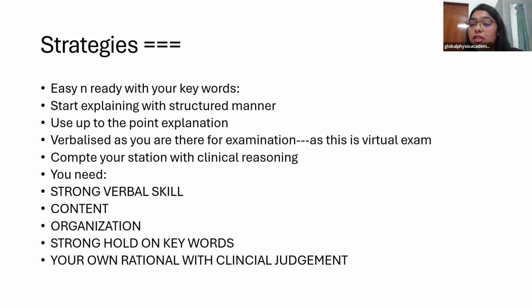Start explaining in a structured manner that I am accepting the patient, and what the reasons are. Before going onwards, I am going with informed consent and explain the components of informed consent. Explain up to the point. It's not like, okay, I'm going to ask this thing, and along with that I'm going to ask this thing. That is a long sentence covering 2 to 3 points. Instead, say that in the informed consent, I will explain the benefit, the effect of the exercise, the risk associated with not being treated, and the consequences.